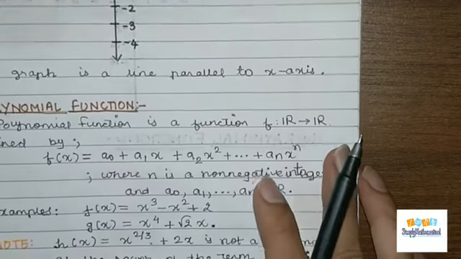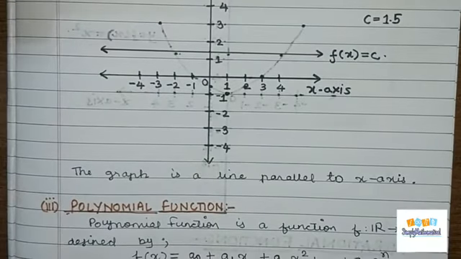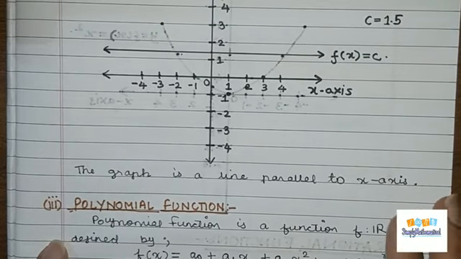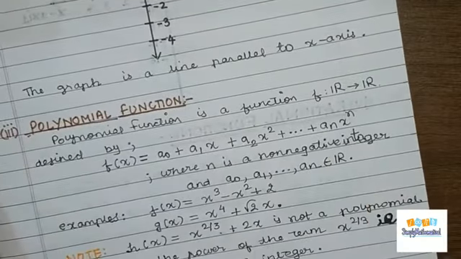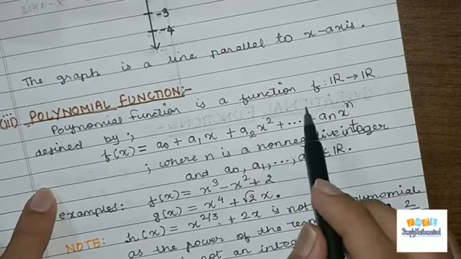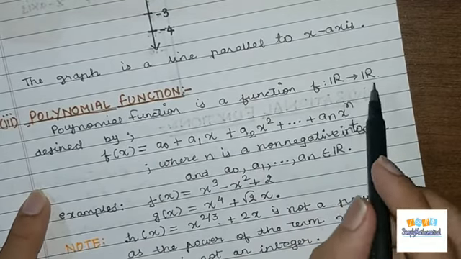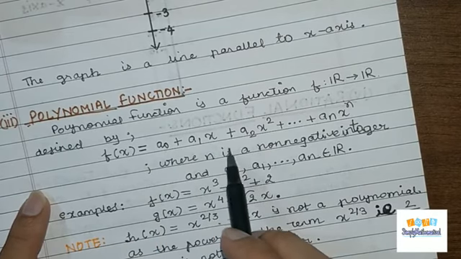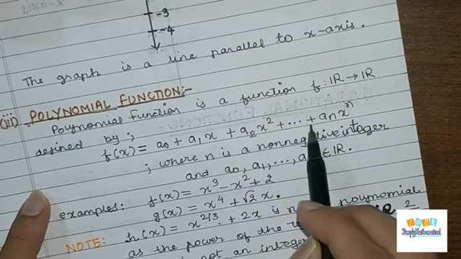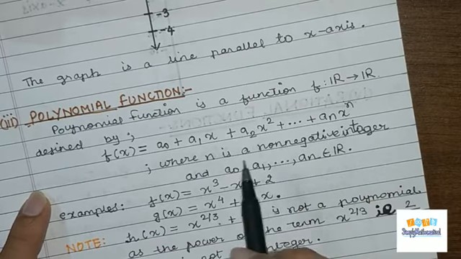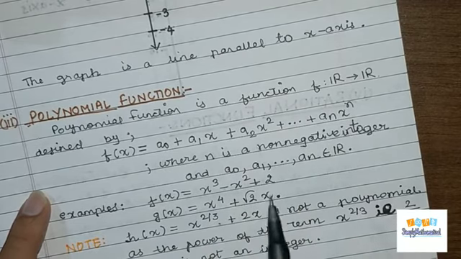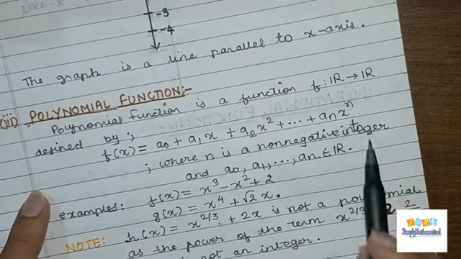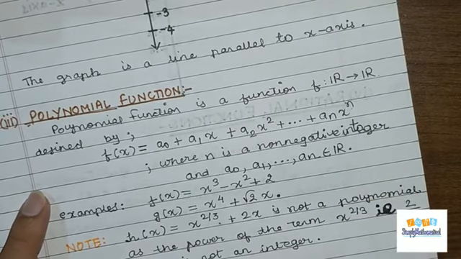Now let us look at another type of function which is known as the polynomial function. So what is a polynomial function? A polynomial function is a function from R to R defined by f(x) = a0 + a1x + a2x² + ... + an xⁿ, where n is a non-negative integer, so that means 0, 1, 2, 3 and so on.